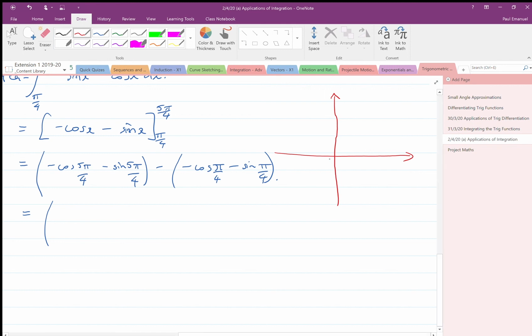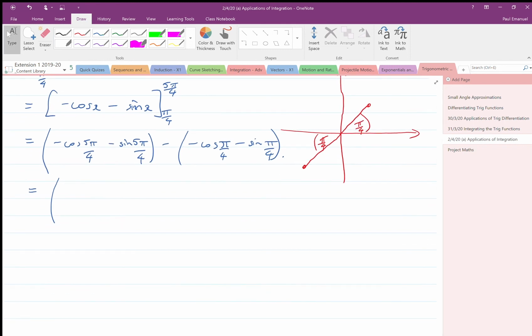This is good. So here's 5 pi over 4. Third quadrant, related angle is pi over 4. And cos pi over 4 is, very good, Jess, 1 on root 2. As is sine pi over 4.